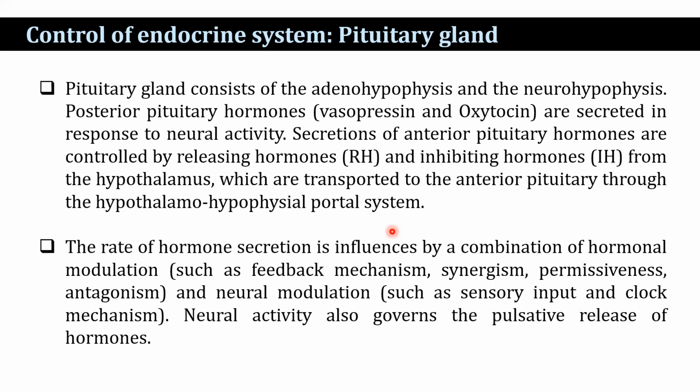The rate of hormone secretion is influenced by a combination of hormonal modulation, such as feedback mechanism, permissiveness, antagonism, and neural modulation, such as sensory inputs and clock mechanism. Neural activity also governs the pulsatile release of the hormones. That is the control of the endocrine secretion.